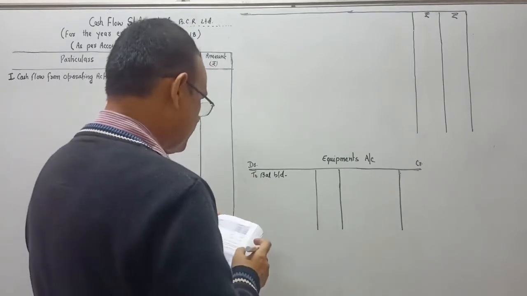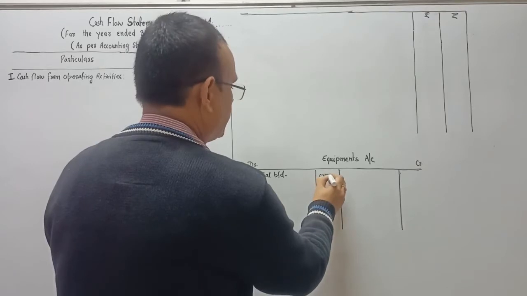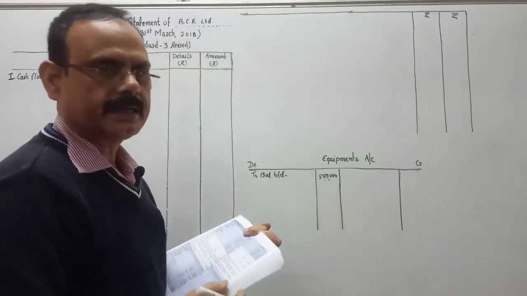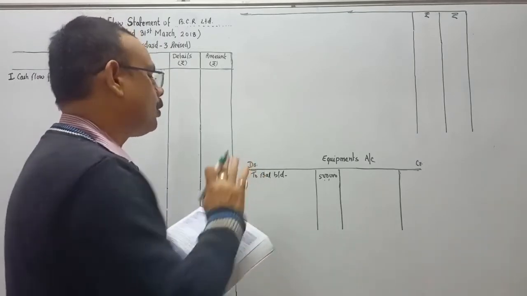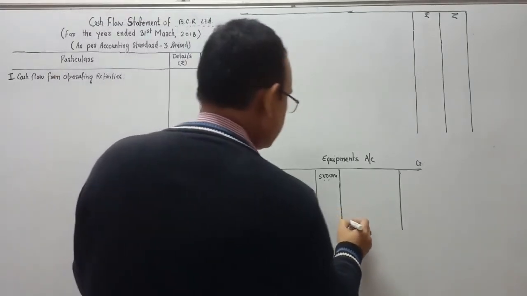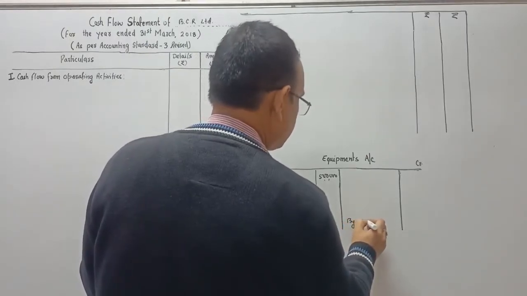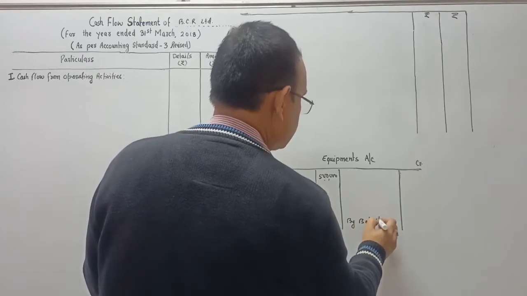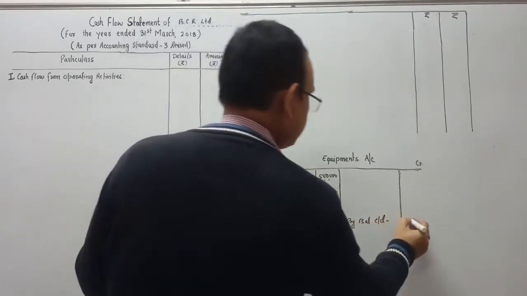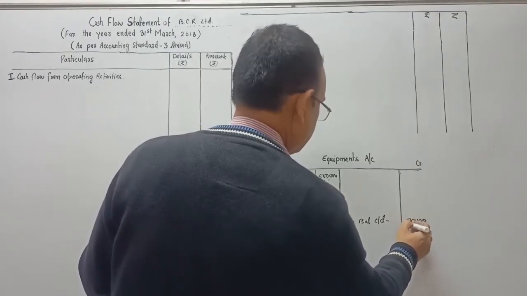So write the opening balance of equipment, 31st March 2017 balance will be the opening for the next financial year. And the closing balance of equipment given in the question, balance on 31st March 2018, is the closing balance. Closing balance is also 5 lakhs. Okay.